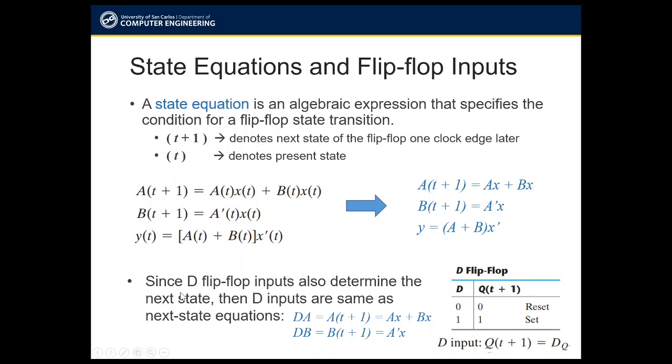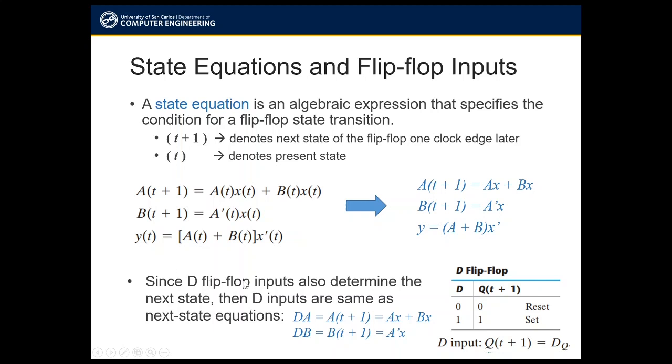Since the flip-flop inputs also determine the next state, this is based on our D flip-flop characteristic table, which was introduced to you in the previous lecture. We can say here that the input is just equal to the output, or in this particular case, the D input is equal to the next state. So we have this relationship.